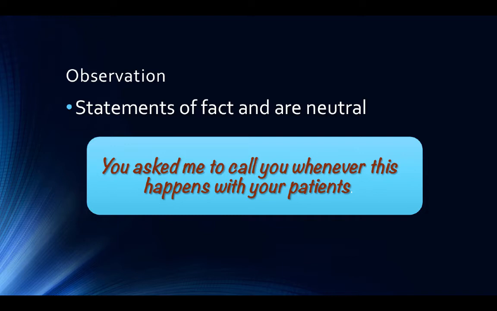Another characteristic of an observation statement is that it can be confirmed by other people because they were sensed by other people as well. So if you say, this is what I saw or this is what I heard, then you're talking about an observation. And those would be the two most typical kinds of observations you're likely to use.